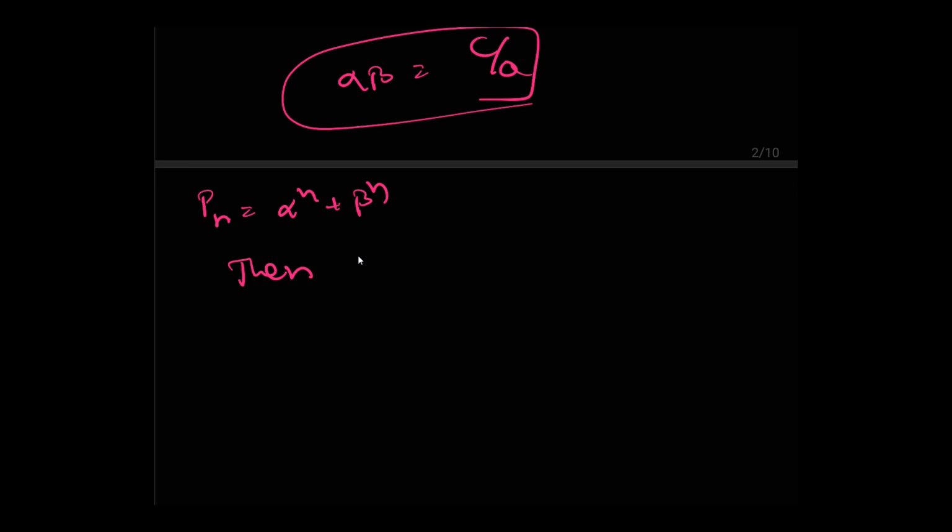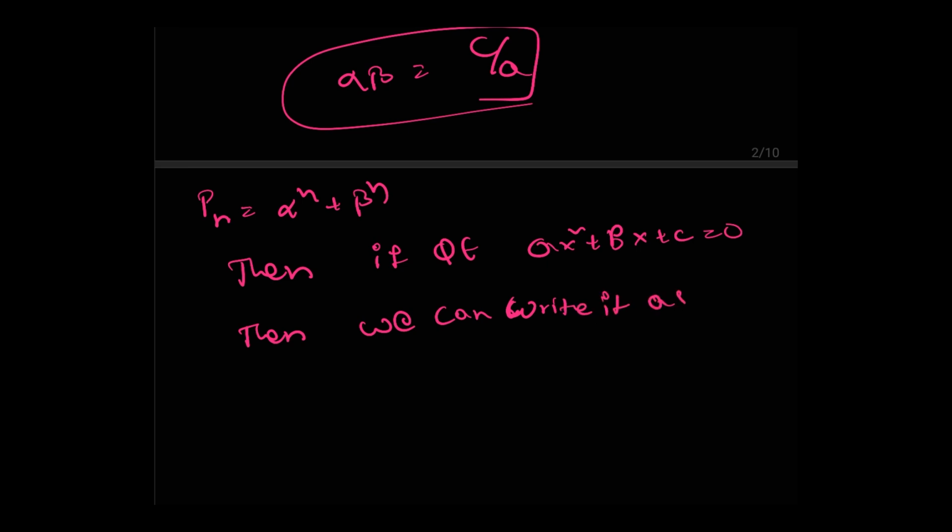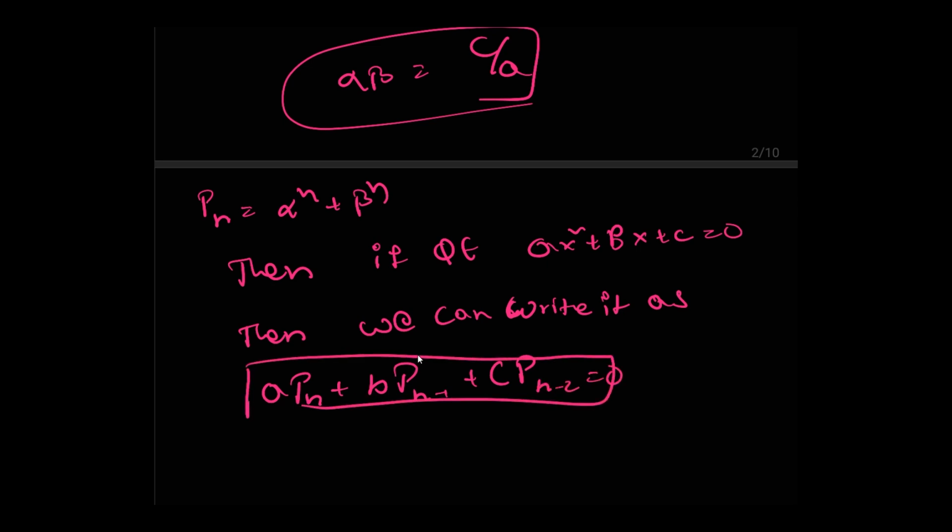Then if the quadratic equation is ax square plus bx plus c equals to 0, we can write a Pn plus b Pn minus 1 plus c Pn minus 2 equals to 0. We can do its proof also. It is very simple.